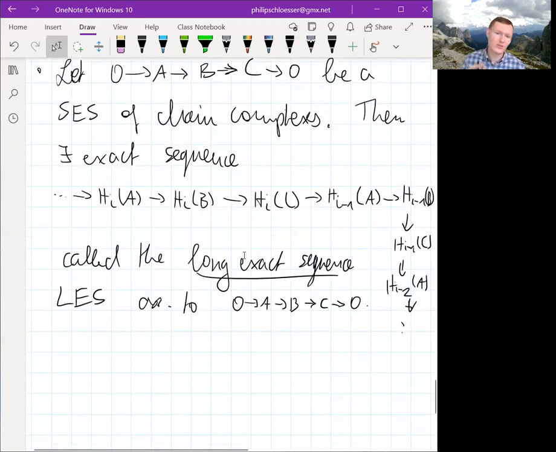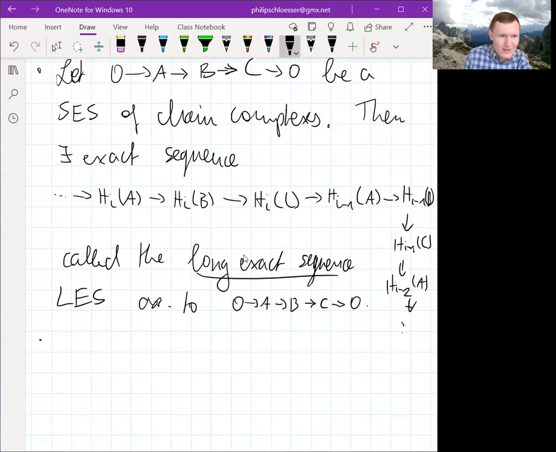So that's just a useful tool for computing these homology groups. I guess you will have to believe me. In algebraic topology, I guess we will do an example of how to compute all of the homology groups of the spheres. But I guess that will have to wait.